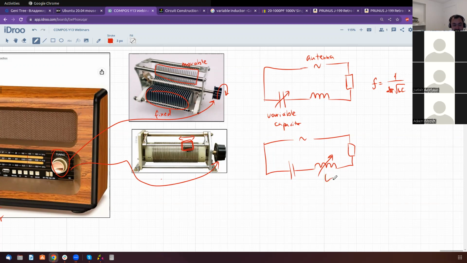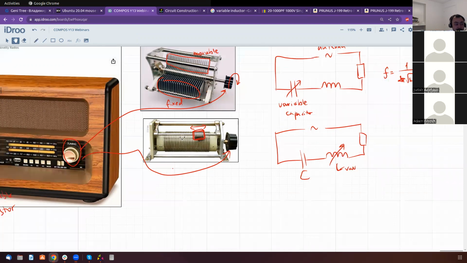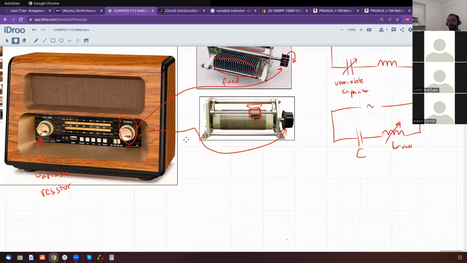So this is a variable inductor, or a variable capacitor. In both cases, it's the same knob, but depending on what you like more, what's more available, what's cheaper, a variable capacitor or variable inductor, you would design your radio. So now you can actually build a radio, and it's not that difficult.